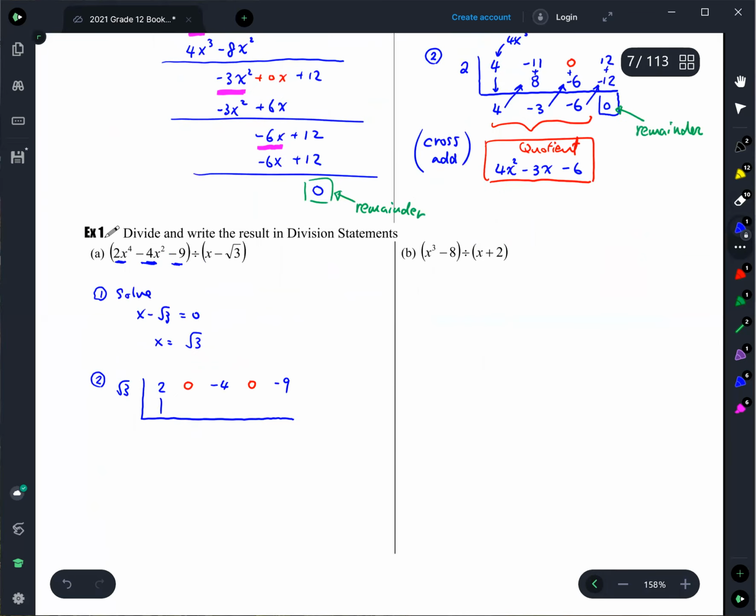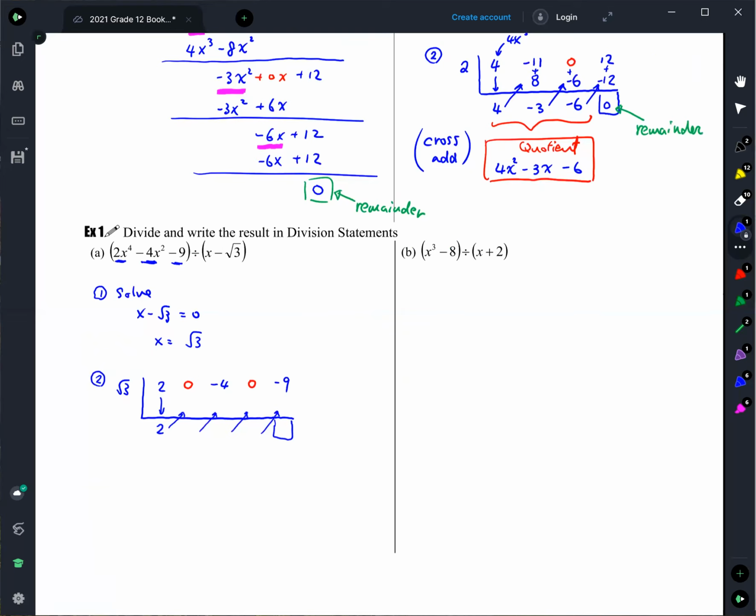First step is to drop down the 2, and then you start to do cross and add, cross and add. The final number should be the remainder. Each number you need to multiply with the divisor. You can ask me if you are stuck.